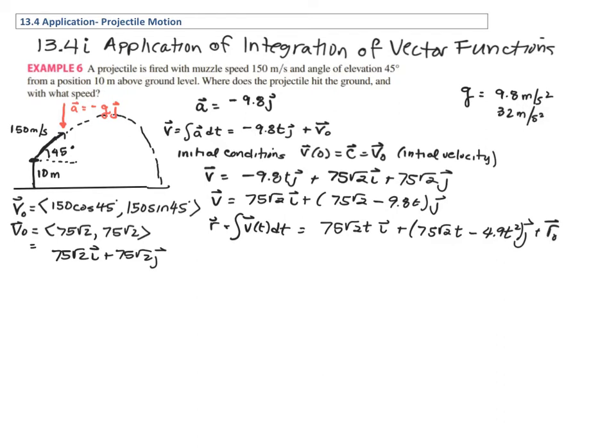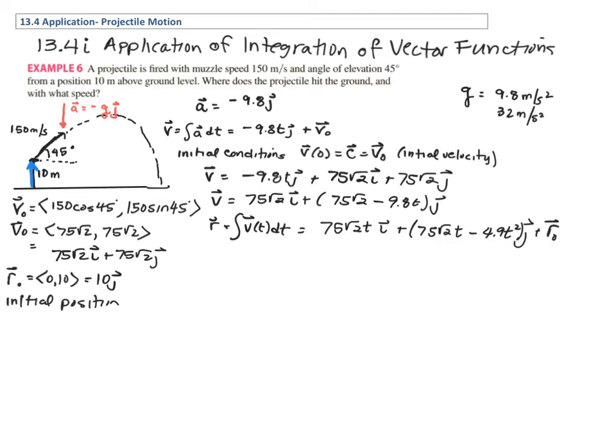So we often just write it as R0. That's the initial position. If we look at where we are initially, we are at 0, 10. So the initial position is 0, 10, just 10 vertically, which I can write as 10 times j.